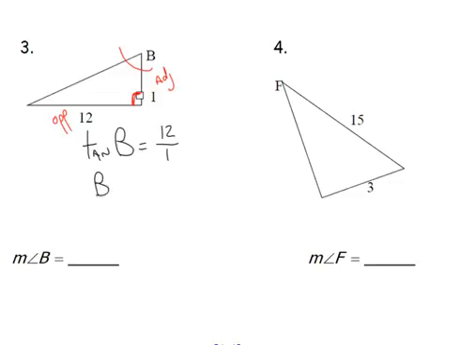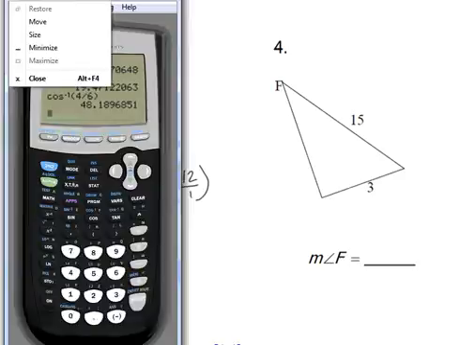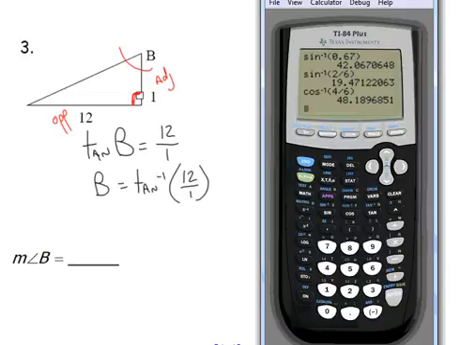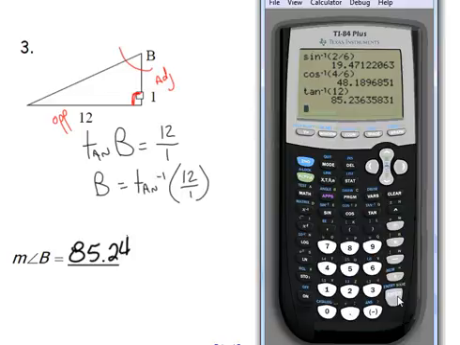So to find angle B, I'm going to do the inverse tangent of 12 divided by 1, which is just 12, so we can just punch in 12 there. So I do second tangent of 12. Close the parentheses. That would be 85.24. 85 and 24 hundredths degrees.